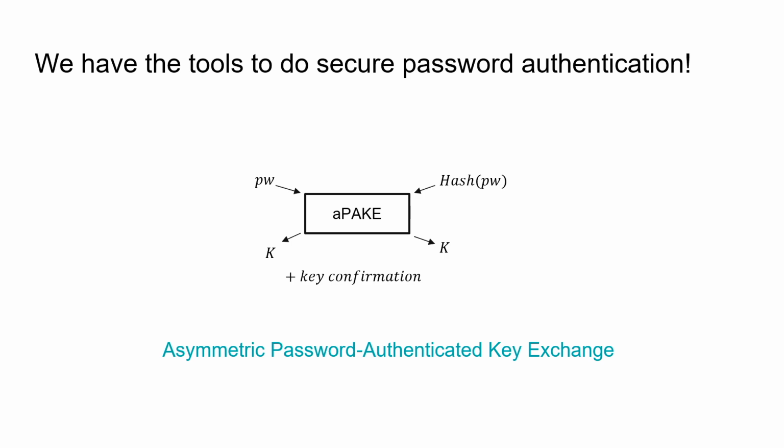Asymmetric password authenticated key exchange is a 2-party computation where the client on the left-hand side inputs a password into the protocol, and the server on the right-hand side inputs some form of encoded password. Most of the time I will just write hash of the password, but you can think of any sort of encoding that makes it hard to revert to the password.